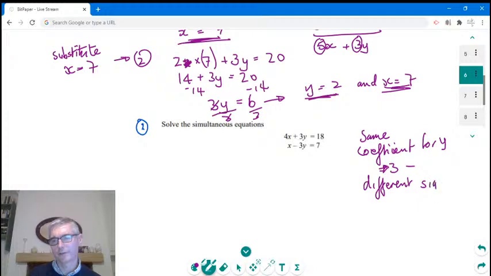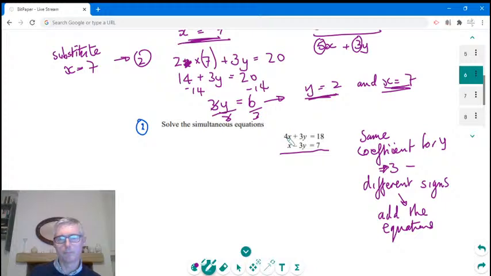If we have different signs, then instead of subtracting the equations, we actually add the equations this time. Different signs means we will add the equations. So 4x plus x gives me 5x.